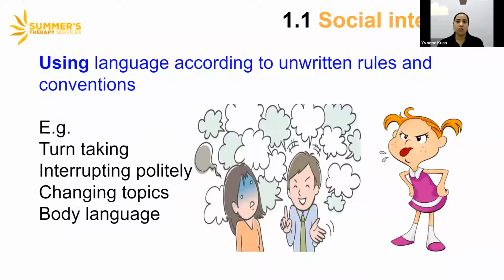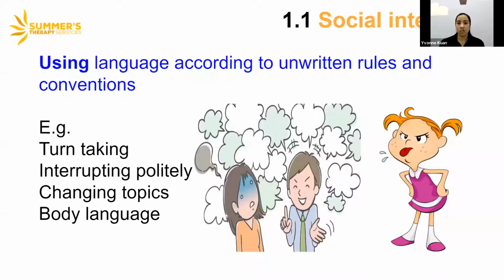So in certain cultures, it is okay to go, hey, I'm sorry to cut you off there. I would like to ask something. In certain cultures, interrupting politely would mean, oh, maybe you just wave your hand or you use your facial expression to say, I have something I want to say. So being able to use language according to what is accepted for that social interaction in that social convention is considered under social interaction skills.